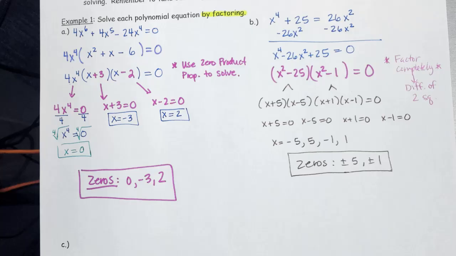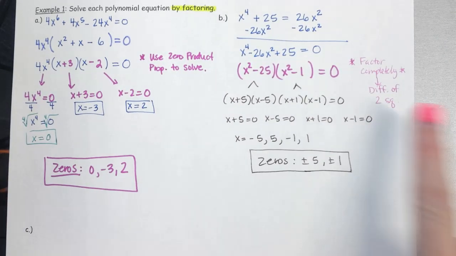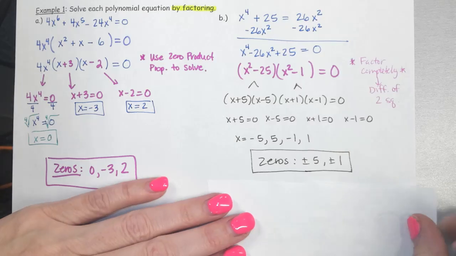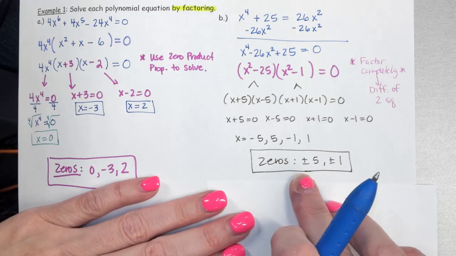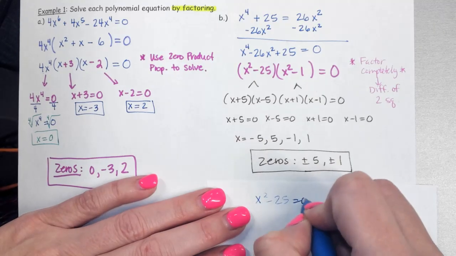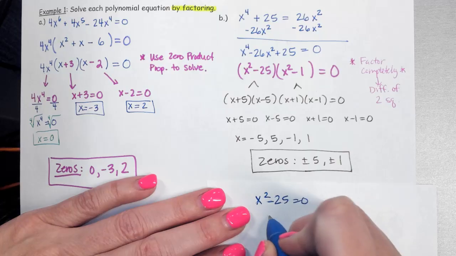The reason why I tell you to make sure you do this is because the directions say to factor, and so we need that, but you could still get your correct answers even if you didn't. So if you set x squared minus 25 equal to 0, you could still find your values of x, right?